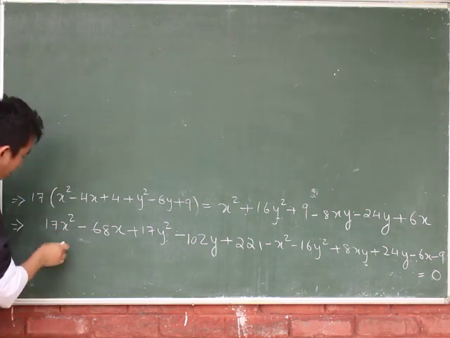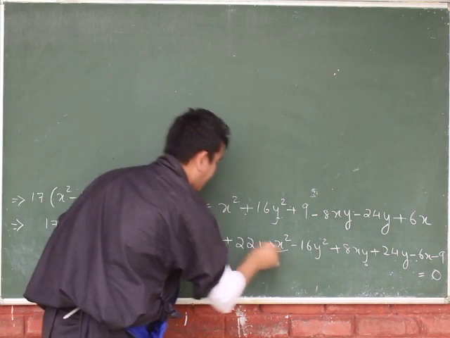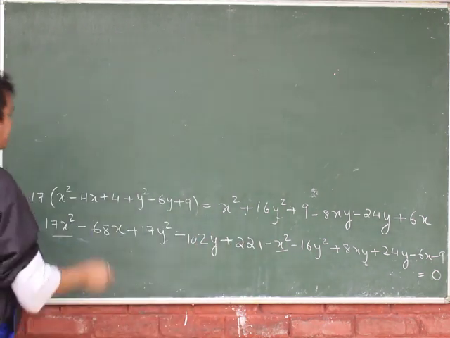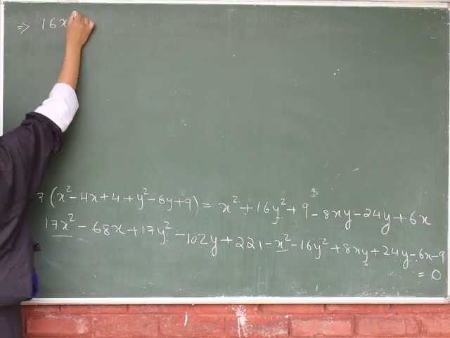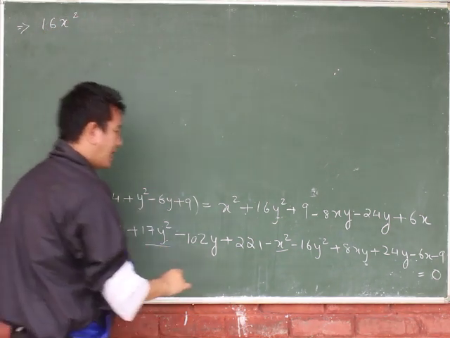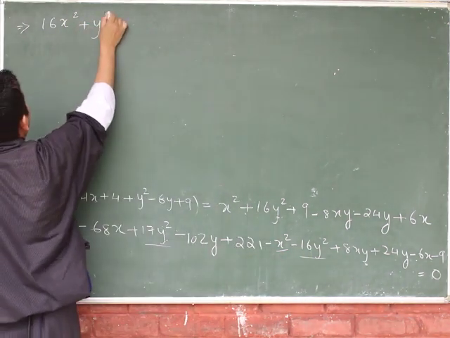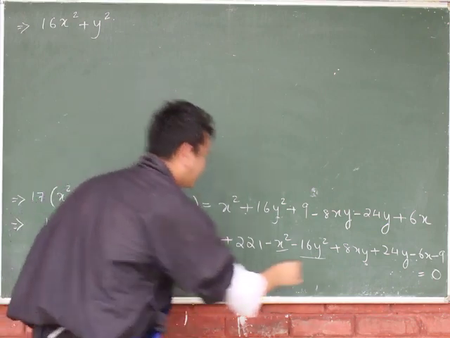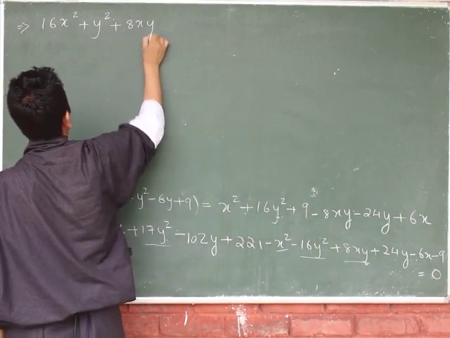Now make sure you underline with pencil. It will be much better. Underline 17x² minus x², that implies 16x², then 17y² minus 16y² is plus y², then write plus 8xy.